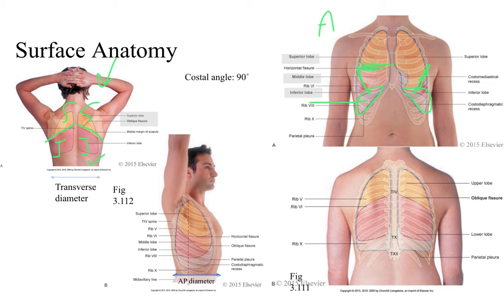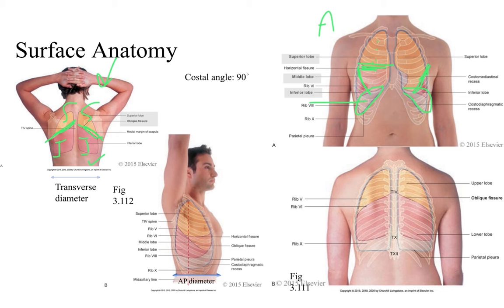So those would be oblique fissures. And if we have our patient put their hands above their heads with their fingers interlaced on the back of their head, what you notice is that the oblique fissures on the posterior side line up with the medial border of the scapula. So if you have your patient perform this maneuver and you feel along the medial border of the scapula, what's directly underneath there, under the ribs as well, would be the oblique fissure of the lungs separating the superior and inferior lobes on the posterior side.